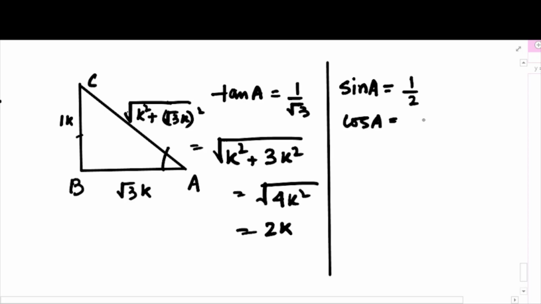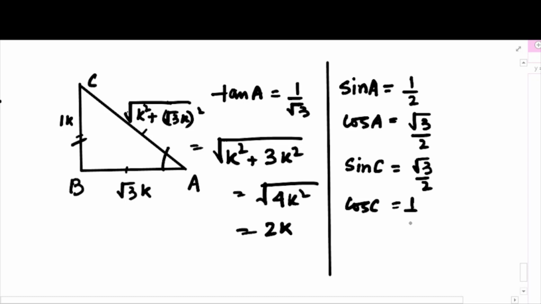Cos A equals base by hypotenuse, that means root 3k by 2k, that means root 3 by 2. What is the value of sin C? Sin C equals again perpendicular by hypotenuse, it will become root 3 by 2. What is the value of cos C? Base by hypotenuse, 1k by 2k, that means it will become 1 by 2.